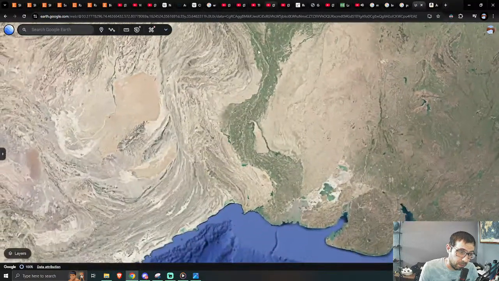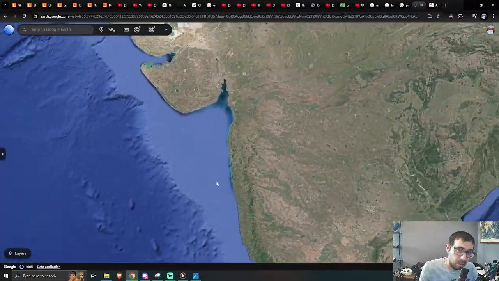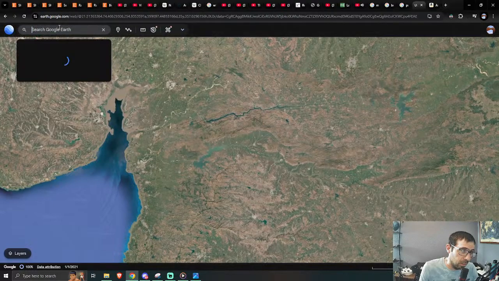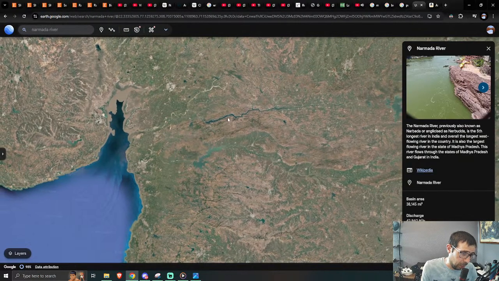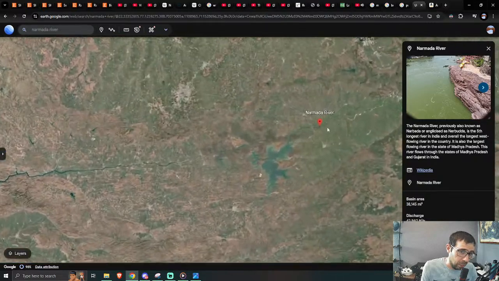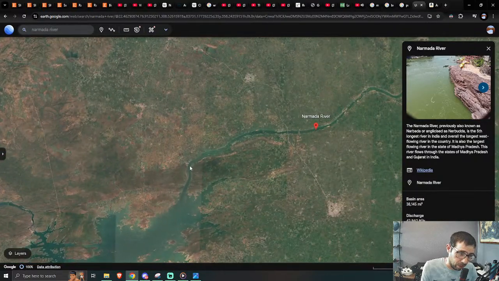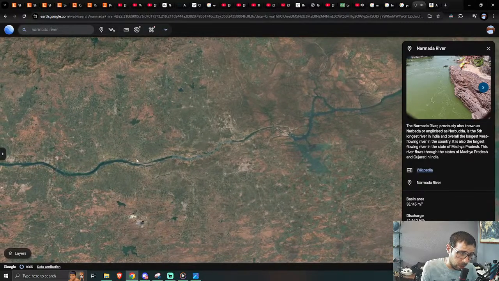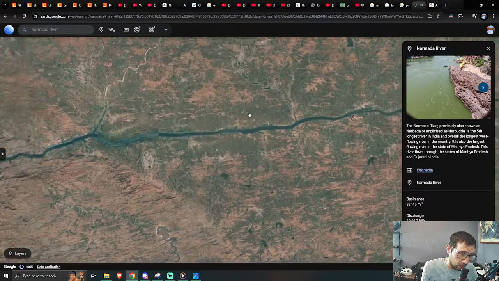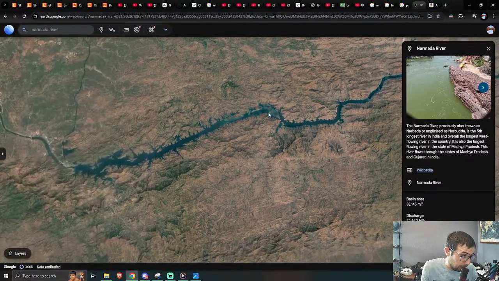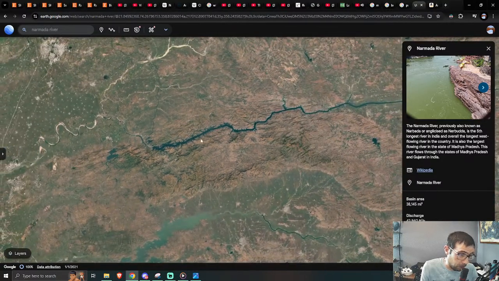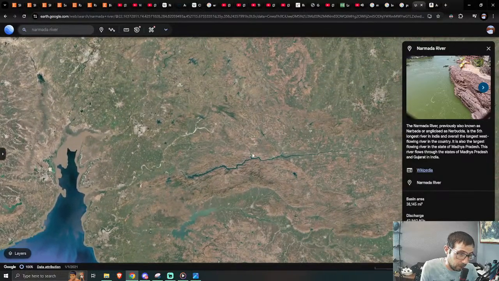This river then goes over here, through this area. Maybe that's where they're more so found, in this area.